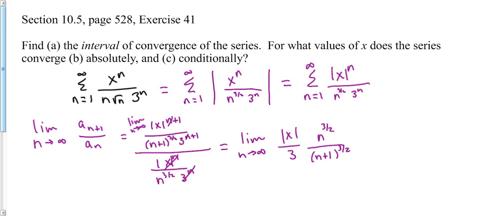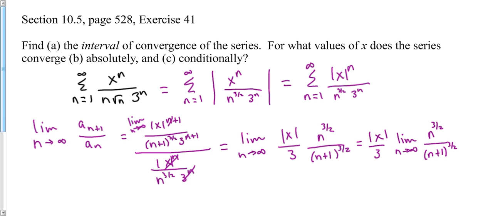Now, because absolute value of x over 3 is not a function of n, I can take that outside the limit. So then I'll have the absolute value of x over 3 times the limit as n goes to infinity of n to the 3 halves divided by n plus 1 to the 3 halves.